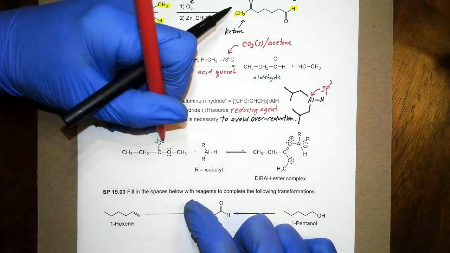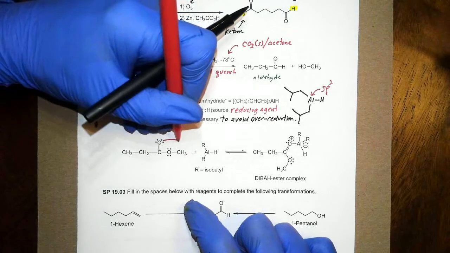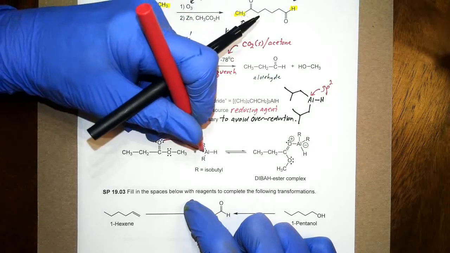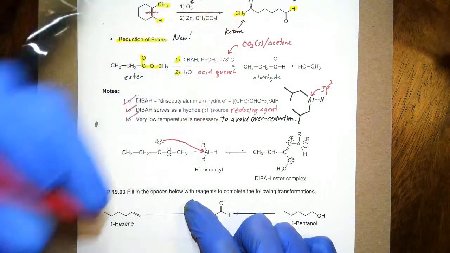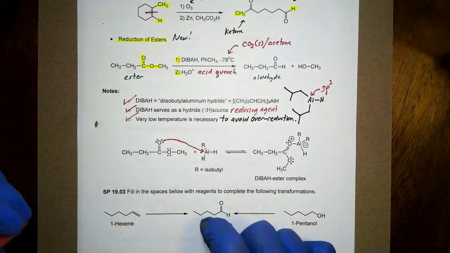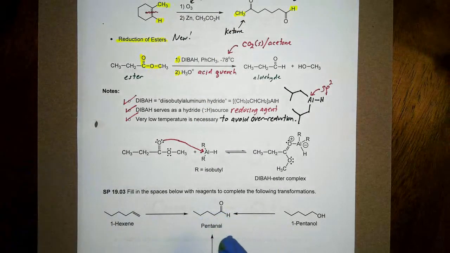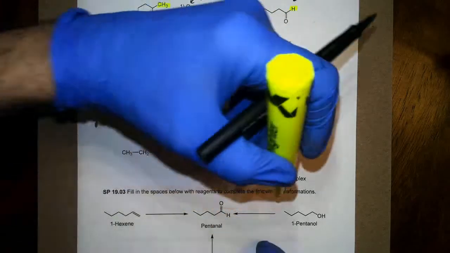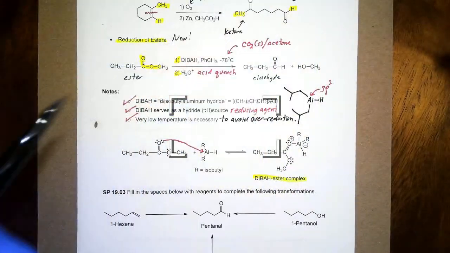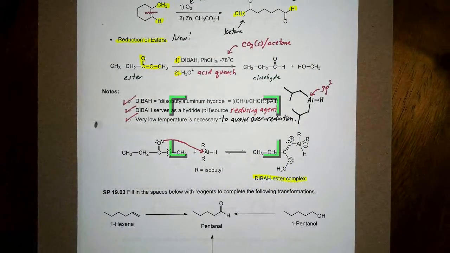You're going to form a complex by this sp2 oxygen acting as a nucleophile towards the aluminum. In other words, these two are going to come together to form what we call a DIBA-ester complex.